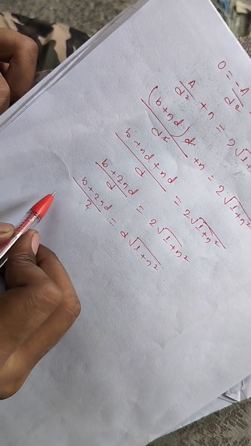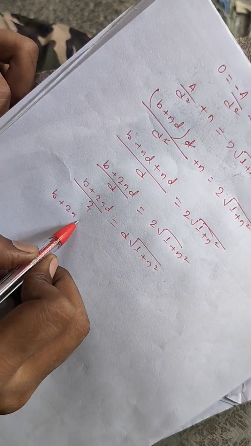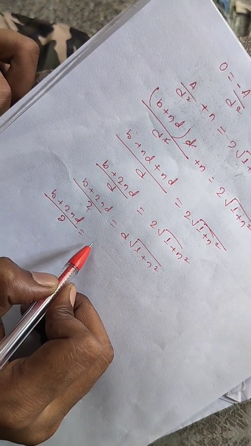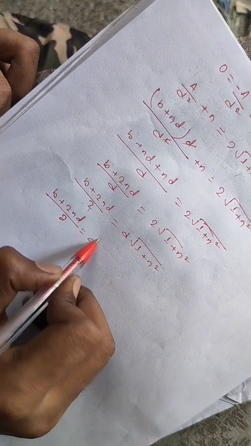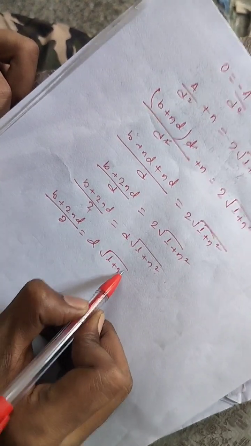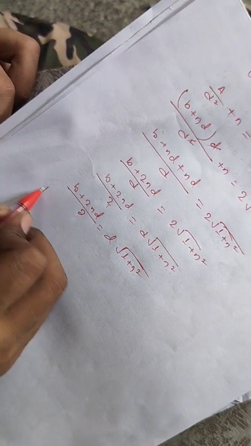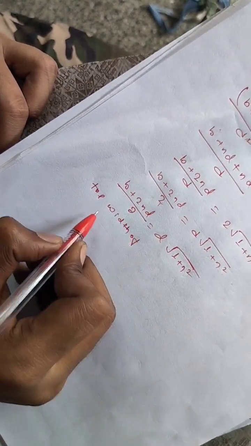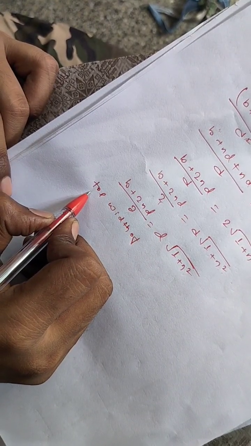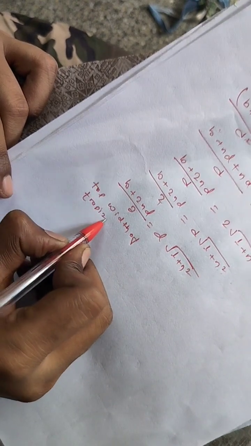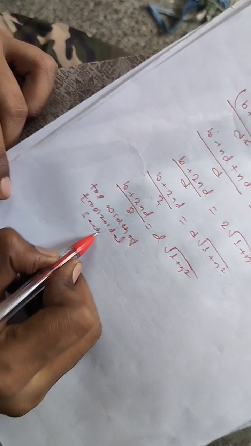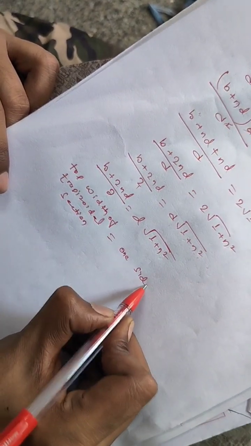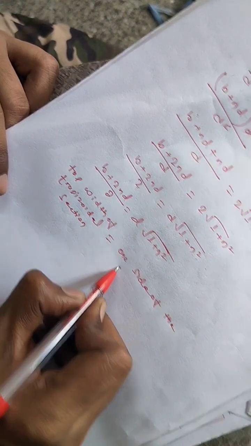Means the condition we got is that B plus 2nD by 2, the half top width of the trapezoidal section, must be equal to one side of the slope.